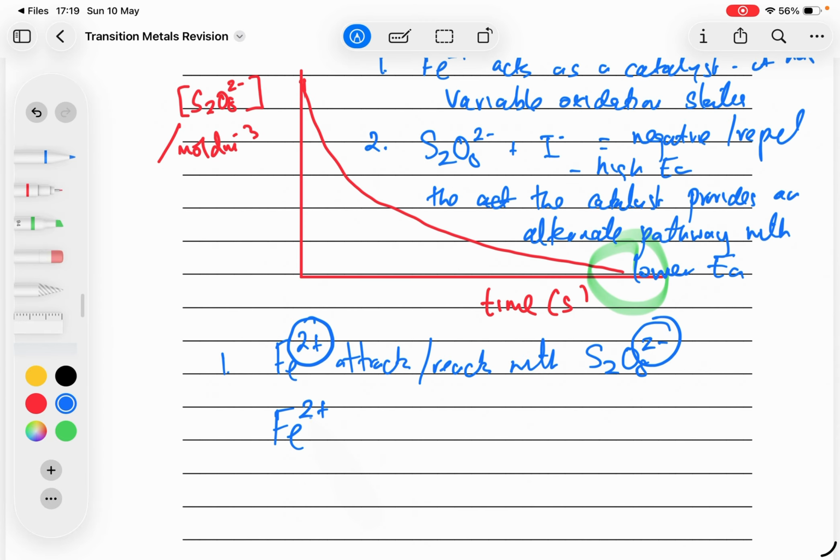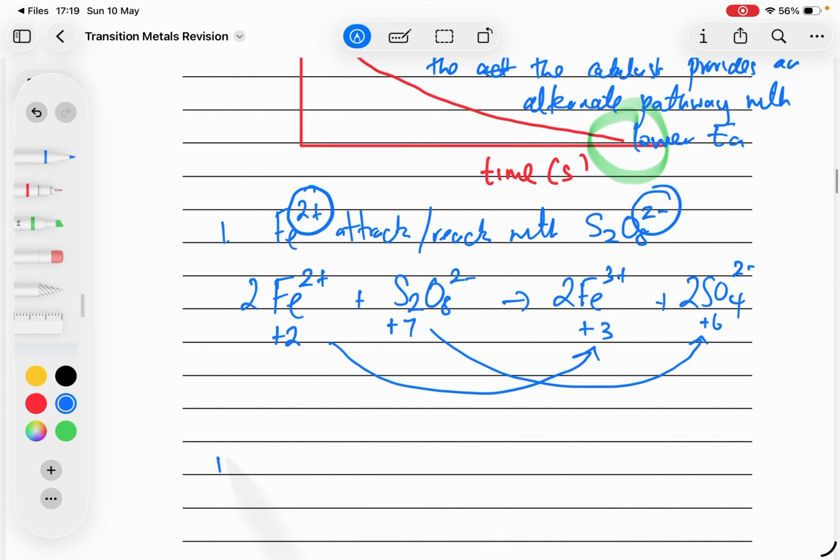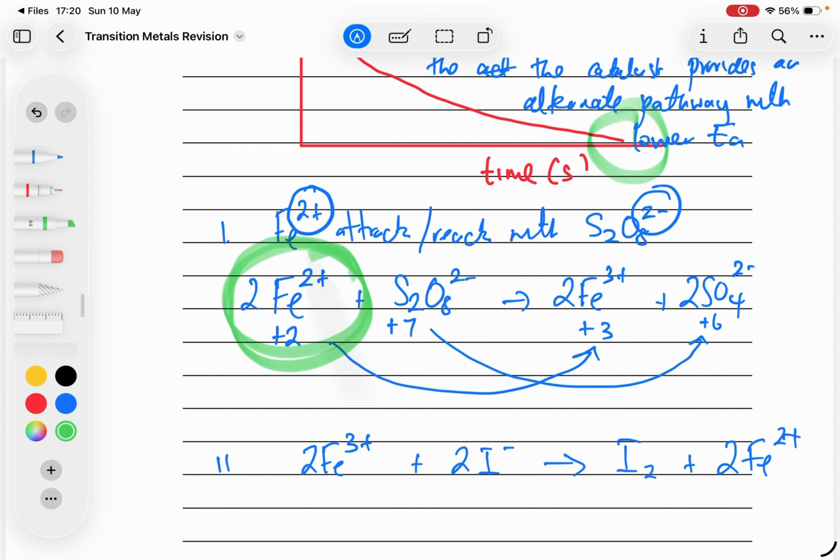So Fe2 plus reacts with S2O8 2 minus to give you Fe3 plus and SO4 2 minus, and note oxidation of Fe2 plus and reduction of sulfur. Second step, 2 Fe3 plus reacts with the iodide now, produces iodine and 2 Fe2 plus, a catalyst used in step 1, regenerated in step 2.